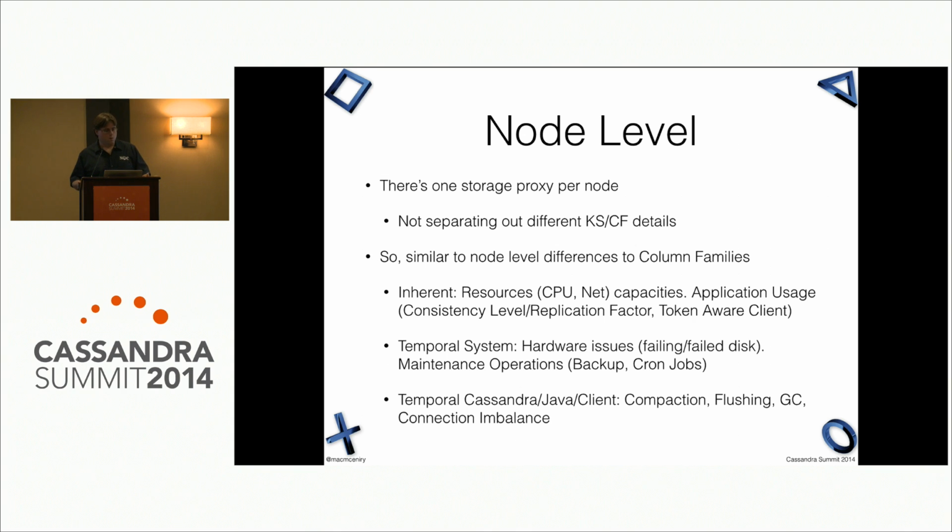So what is some of that? Again, resources, because we're looking at nodes. But then we also go into, again, the application usage, triggering hotspots, consistency level, replication factors. Each of those can impact it. The other thing, since we're looking at the node basis and we're talking about the interaction between the coordinator and the storage components, is token aware.